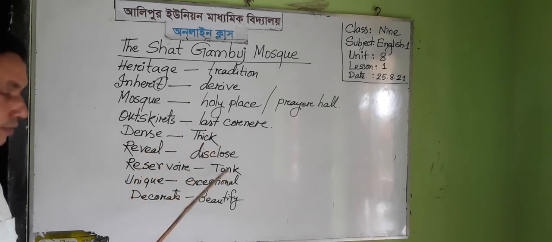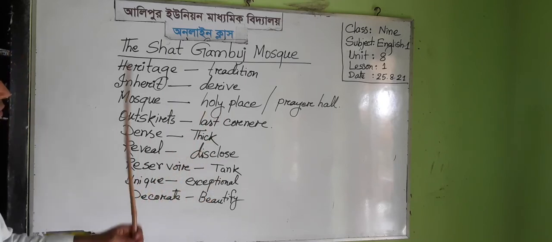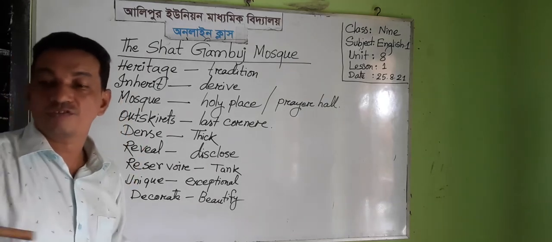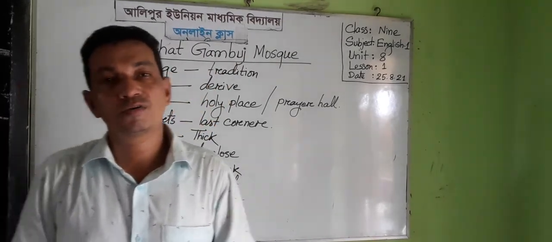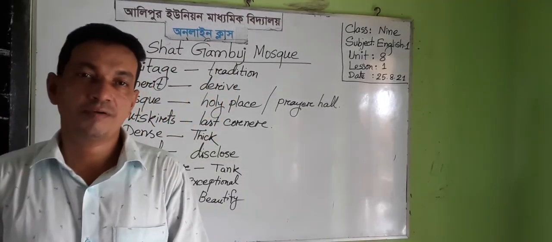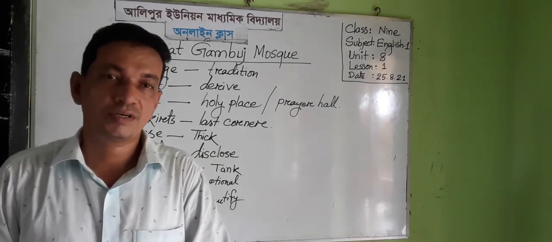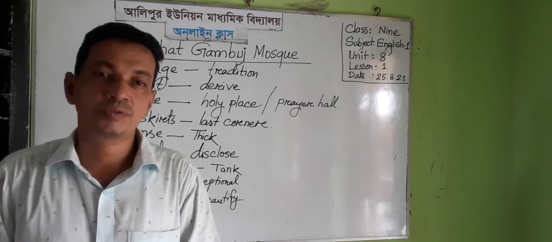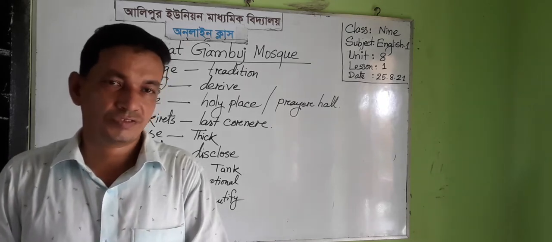Reservoir means tank. Unique means exceptional. Decorate means beautify. These are the important keywords of this passage, and without knowing these words, students cannot read the passage with meaning. So you must know the words at first, and then you will be able to understand the meaning of any sentence.